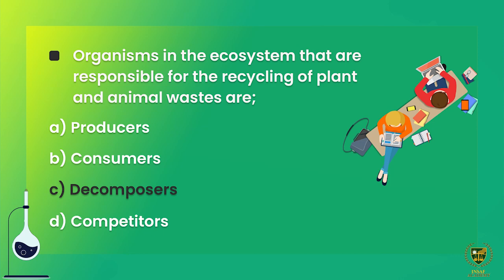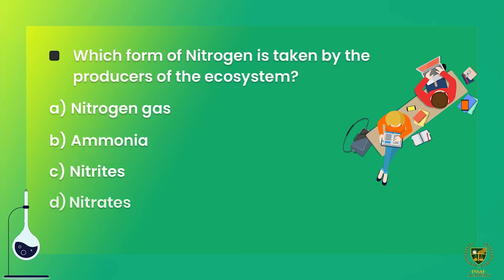Here we have another question. Which form of nitrogen is taken by the producers of the ecosystem? So dear students, who are the producers in the ecosystem? They are the plants. So in what form do they absorb or obtain nitrogen from the roots? So the option alpha is nitrogen gas.